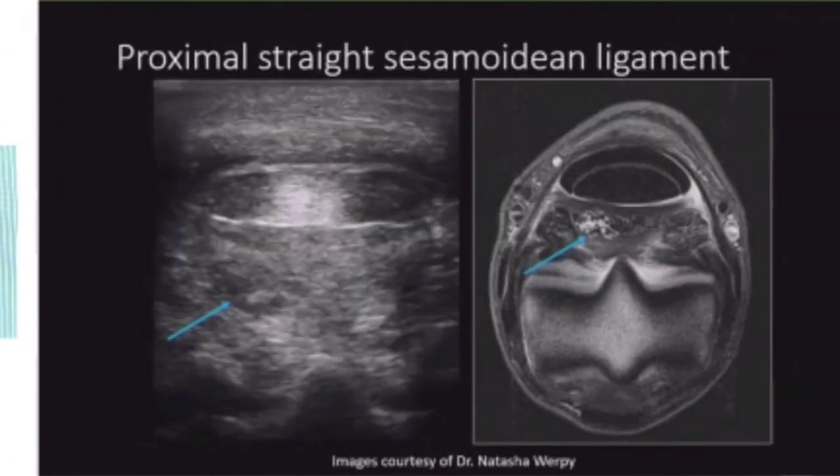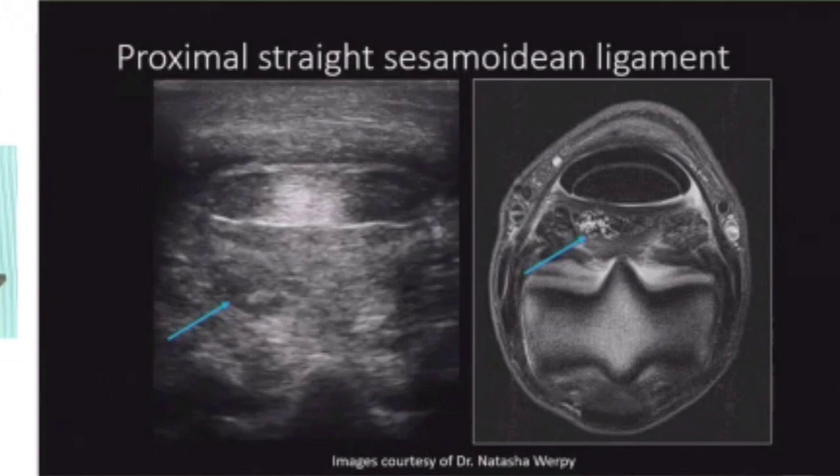So this is an example of right where the intersesamoidean ligament and the straight sesamoidean ligament blend. And here on this MRI, which has been flipped to match the ultrasound, we have this area of increased signal, which is tearing of that area. And that corresponds to this hypoechoic area on the ultrasound.